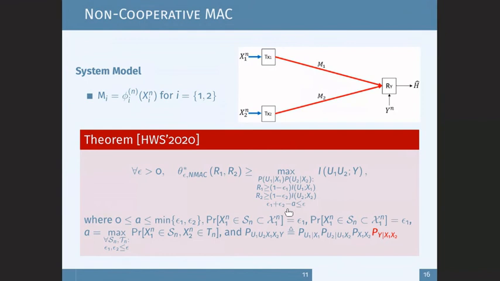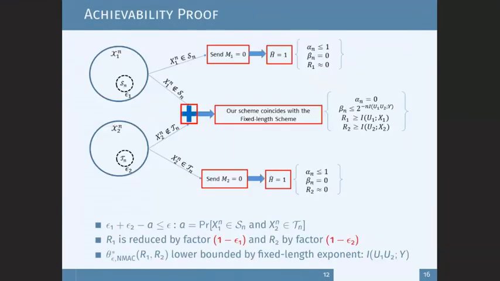It means that if we can have two subsets, Sn and Tn, of the alphabets X1n and X2n, with probabilities equal to epsilon 1 and epsilon 2, respectively, then whenever we fall in one of these sets, we send just one bit telling the decision center to declare H hat equal 1.